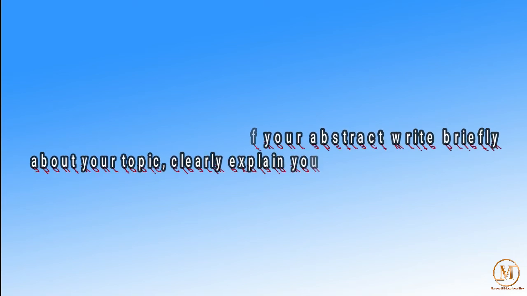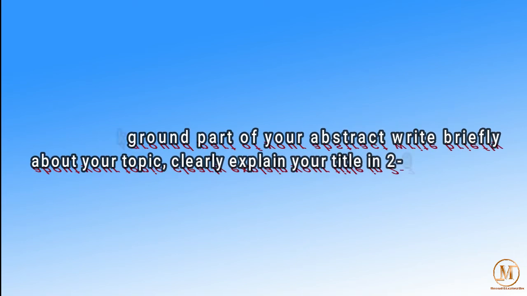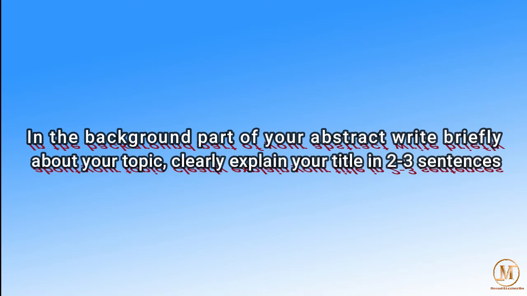The first component is the background. What should we write in the background of our abstract? In the background part of your abstract, you have to briefly write 1 to 2 sentences about the topic that you have selected. What is your topic about? What is the usage of your topic?